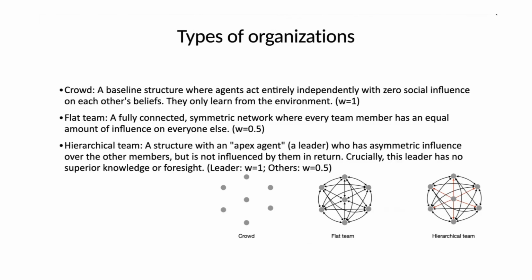So this leader actually behaves like an agent in the crowd, right? Because you see here the leader's W is set to be 1, so the leader acts on its own, but the other members act like the flat team, right? Because the other agents are influencing each other, but not the leader. So the other agents in this hierarchical team are set with a W of 0.5, the same as the flat team. And this is how the social influence of belief is set.